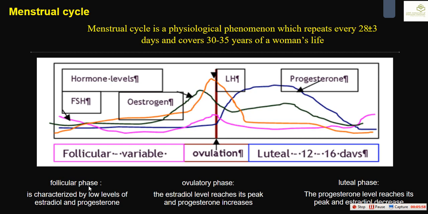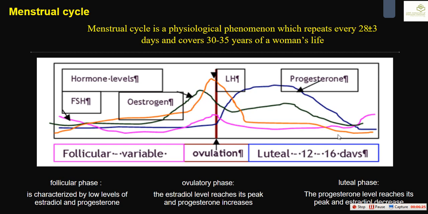The first phase is the follicular phase, in which the levels of estrogen and progesterone are very low. In the second phase, the estrogen level reaches its peak and progesterone starts to increase.